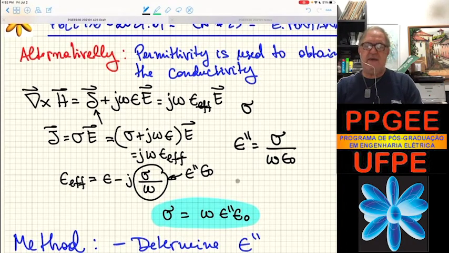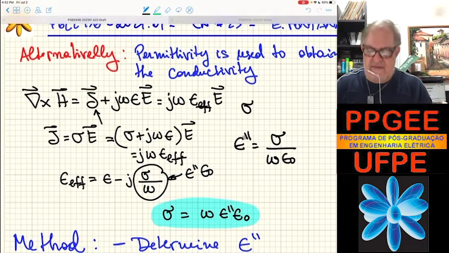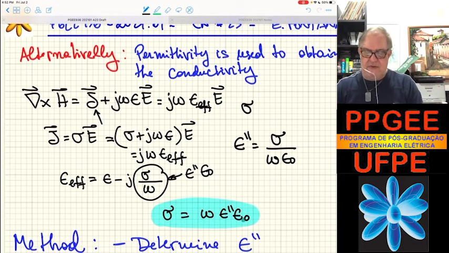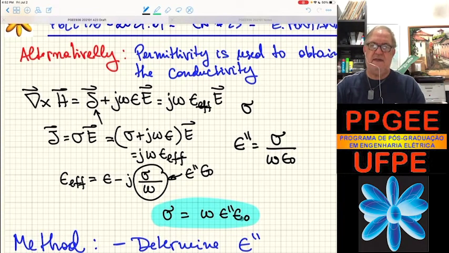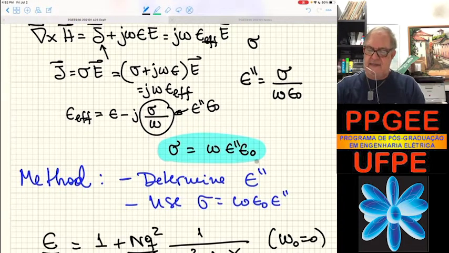So either you can say this material is a conductor, as if it had this relative permittivity imaginary part, or, on the other hand, this material has a relative imaginary permittivity and an equivalent conductivity given by omega epsilon 2 prime epsilon 0. Okay? So if we go to a model and determine this imaginary part of epsilon, we just multiply by omega epsilon 0, and we get the conductivity.